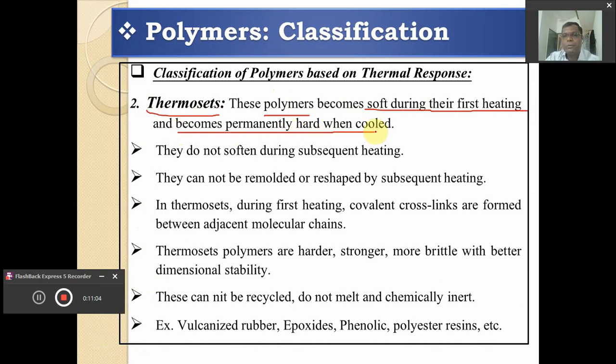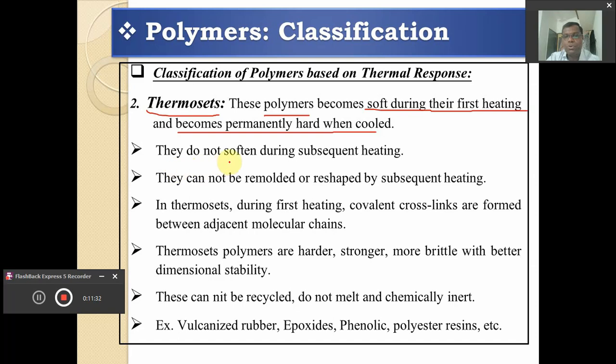So once these polymers are heated, they become soft, but as the temperature decreases, they become permanently hard. It means that on further heating, these polymers cannot become soft. You can make it soft and make it hard only once. So this is the difference between the thermoset and the thermoplast.